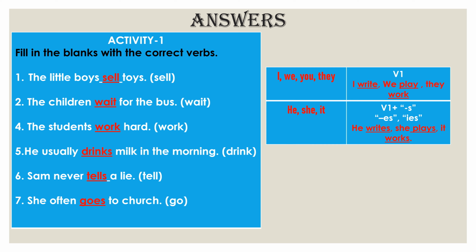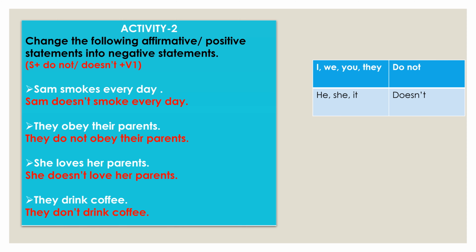Sam never tells a lie. She often goes to the church. Activity 2. Change the following affirmative or positive statements into negative statements. We already learned how to make negative statements. Subject plus do not or doesn't plus V1.